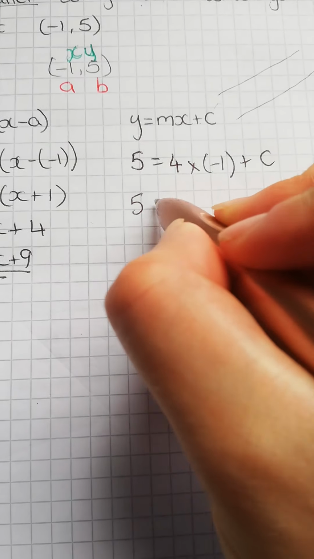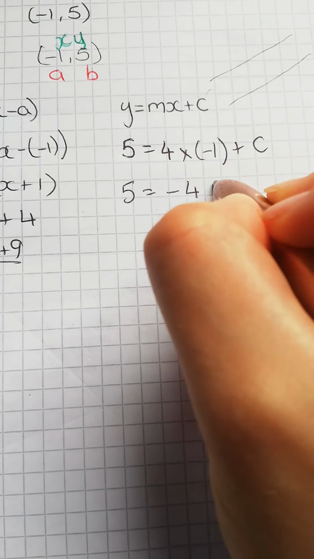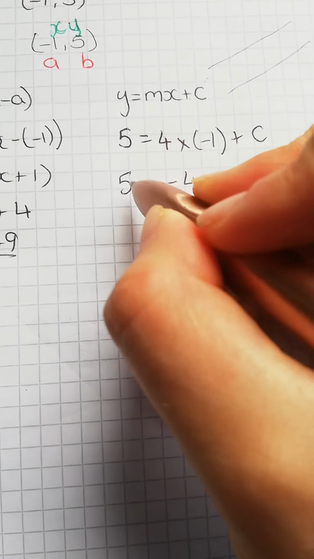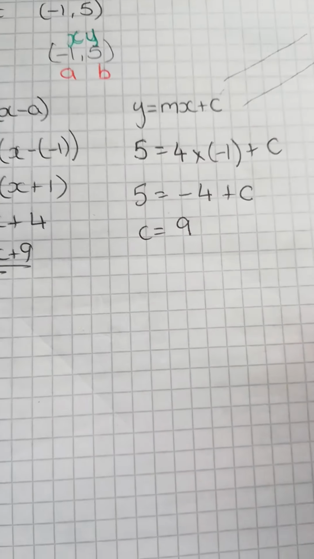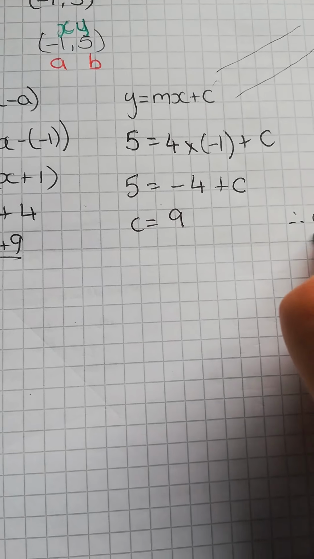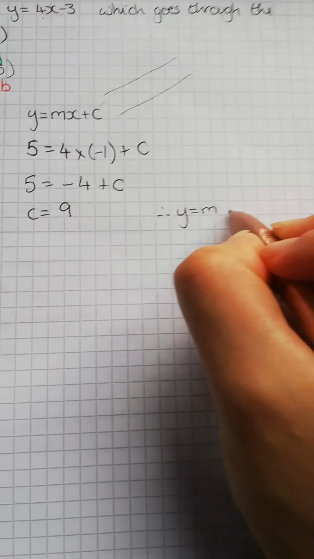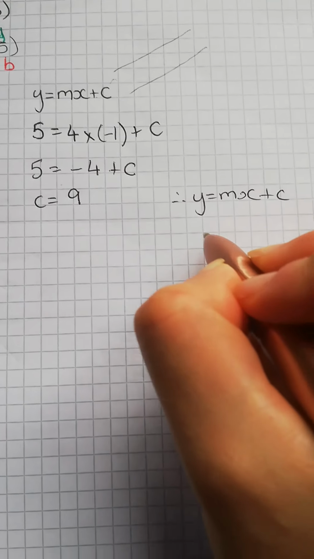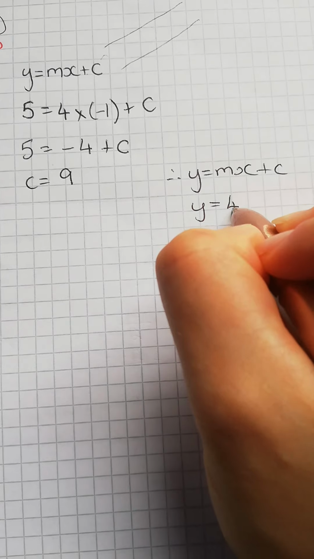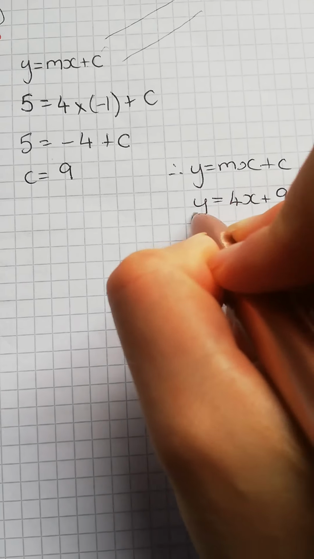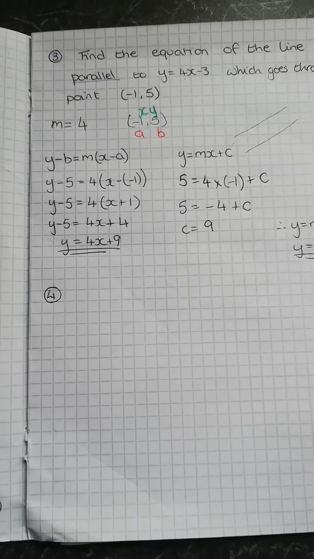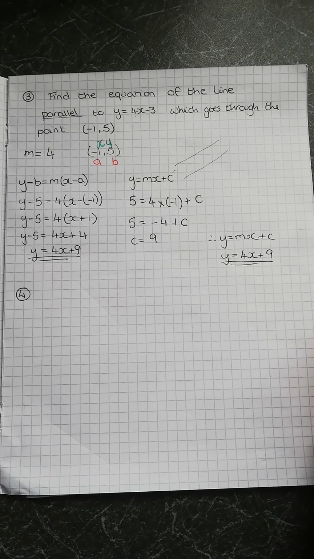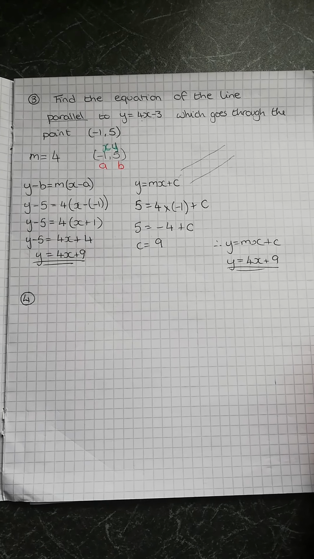So 5 equals, that'll give me -4 plus c, add that 4 across, would give me c equals 9. Therefore, if y equals mx plus c, then y equals 4x plus 9, since the gradient was 4 and c was 9, and so we've ended up with the same answer, so it doesn't matter which one you use.